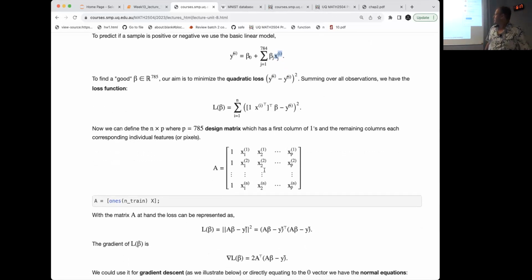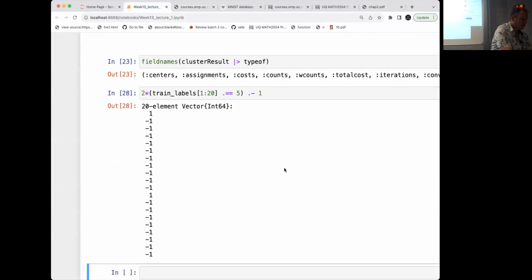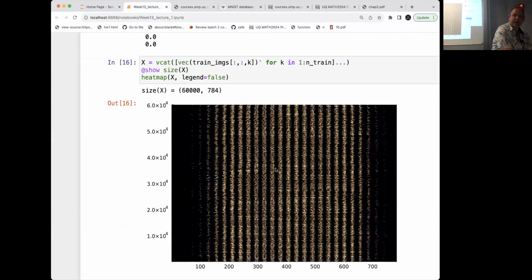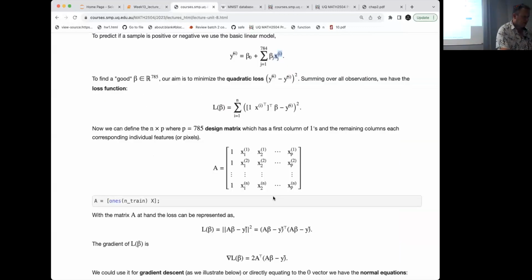And if you do this, then you can also take your data and take this matrix here, which is almost the matrix that we saw here. It's almost this guy. This is like your data matrix, right? The 60,000 by 784. But because we have a bias, let's just add a column of 1.